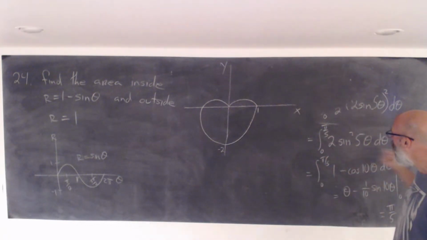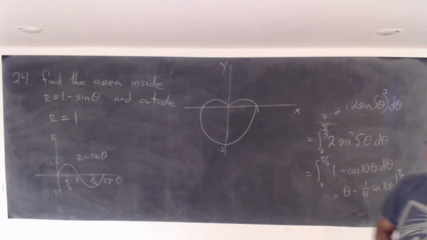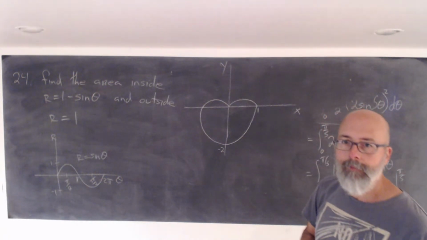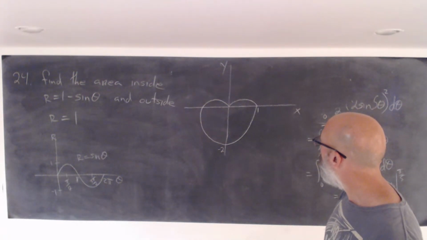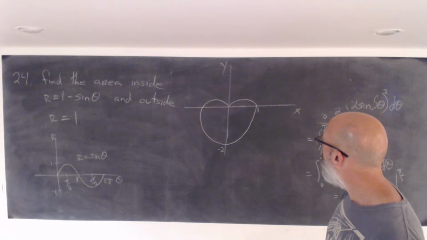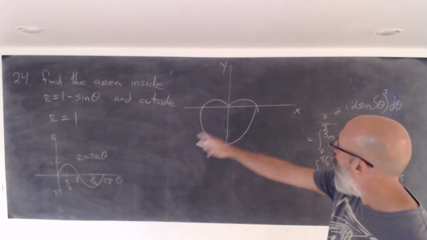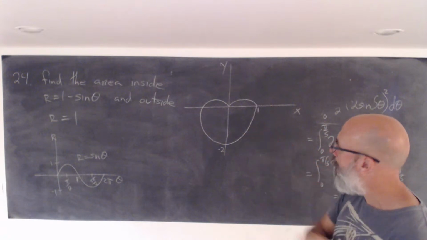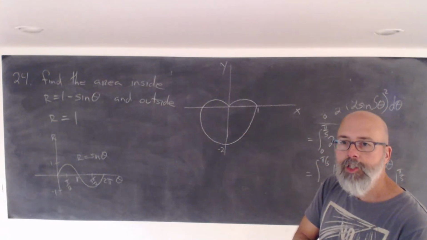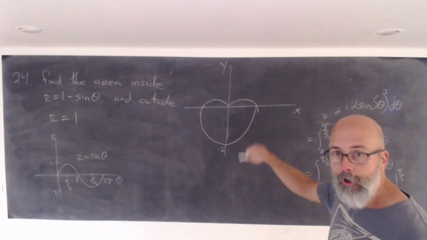So it would be 10 times this. You could use that. All right, so there's your cardioid. R equals 1 minus sine theta, right? Kind of looks like a heart.